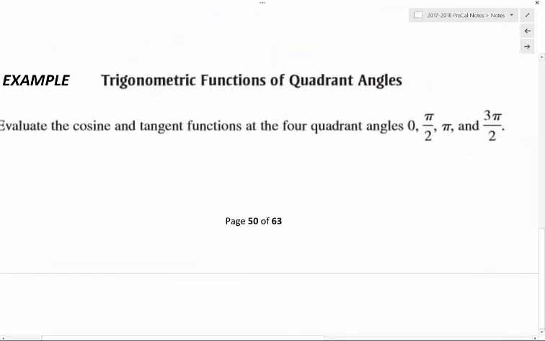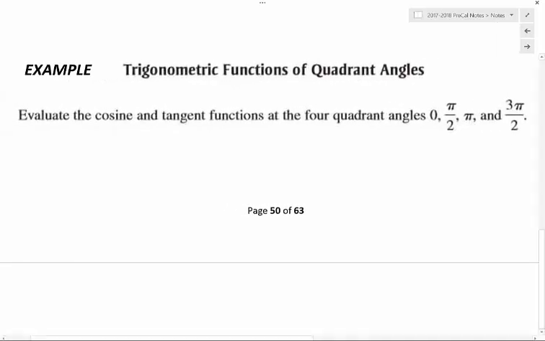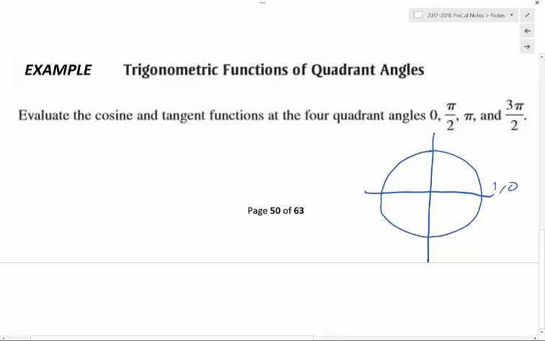So evaluate the cosine and tangent functions for the 4 quadrant angles of 0, pi over 2, pi, and 3 pi over 2. Well, if I draw my unit circle, I know I have 1, 0, 0, 1, negative 1, 0, and 0, negative 1.